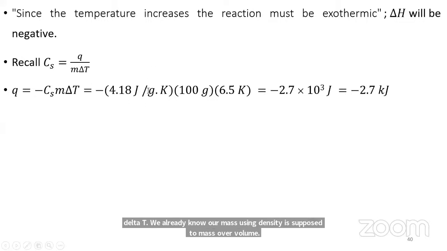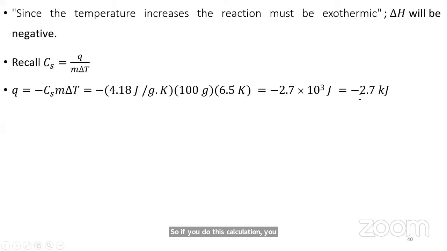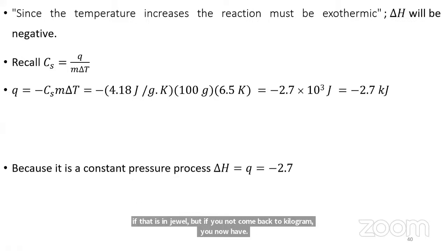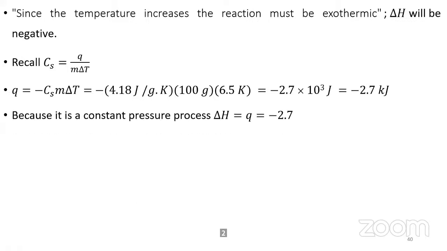If you do this calculation, you are going to get minus 2.7 times 10 raised to 3, which is in joule. If you convert to kilojoule, you have minus 2.7 kilojoule. Because it's at constant pressure, what we are calculating is Q, so our delta H is equal to Q, equal to minus 2.7.